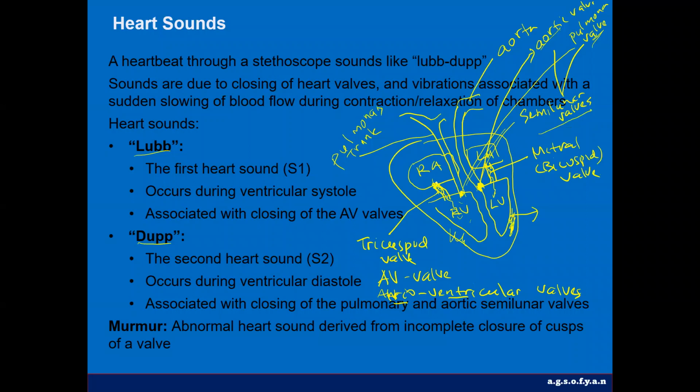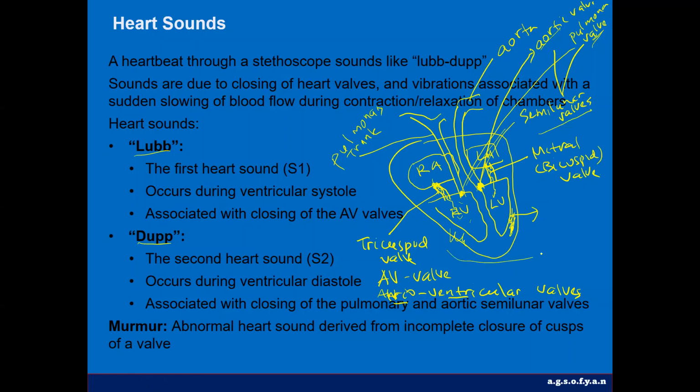Just like you open one door with your hand and close the other with your leg. You kind of kick the door closed, which is the AV valve, the tricuspid and bicuspid valve.